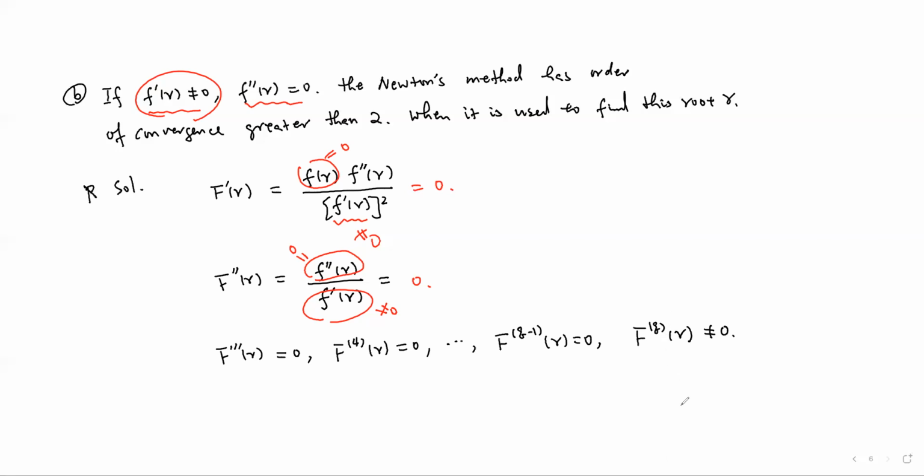Such a Q must exist, right? So therefore, by the theorem, |x_{k+1} - R| over |x_k - R| to the power Q, as k approaches infinity, is equal to a non-zero number.